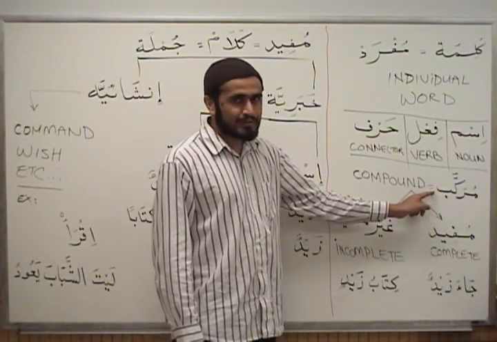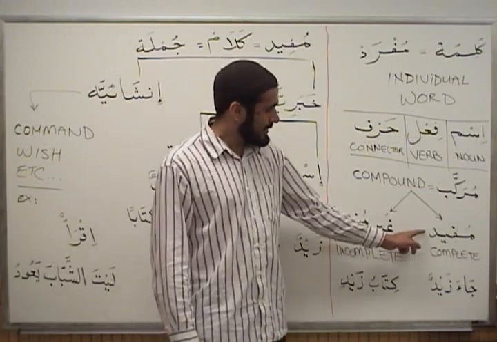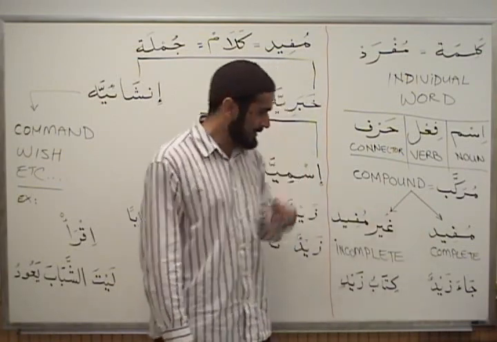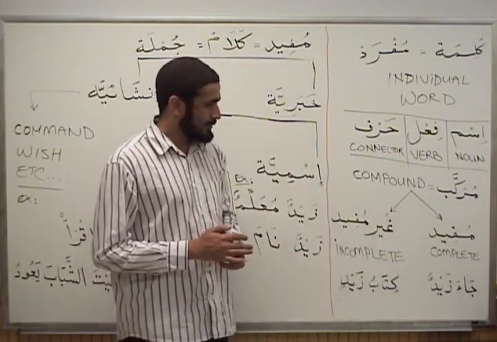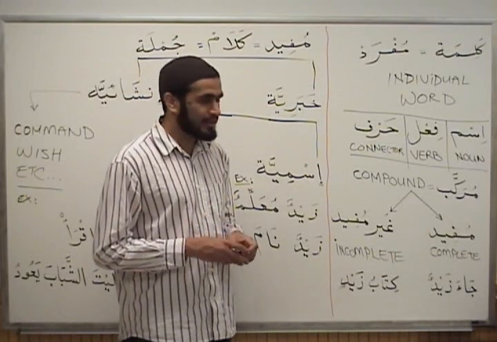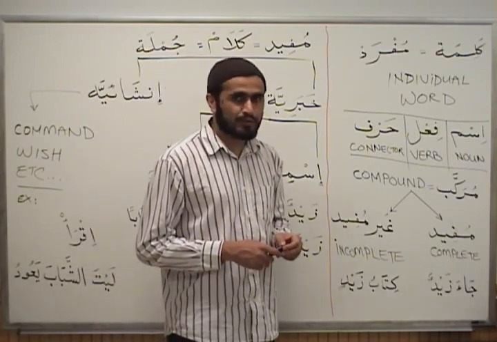And then the murakkab itself has two types, mufid and ghayr mufid. Mufid is a murakkab or compound that conveys a complete meaning. If you stop, it satisfies the listener and does not leave room for questions.